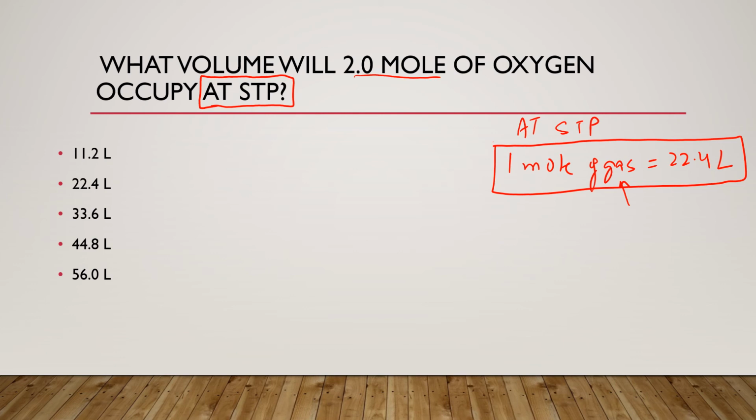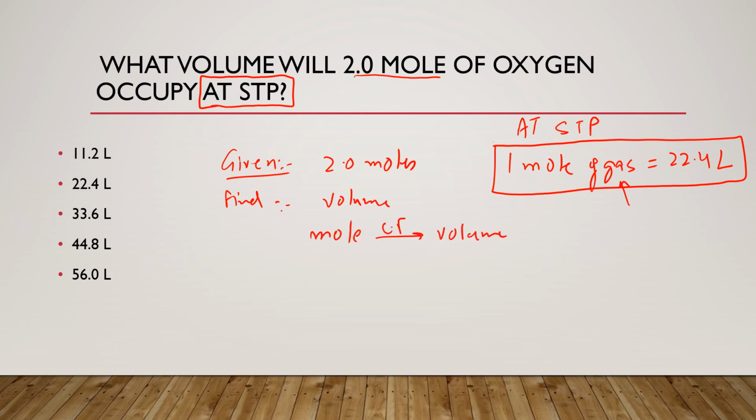So let's see what is given to us. The number of moles given to us is 2.0 moles, and we want to find volume. So it means we need to go from moles to volume, and we need a conversion factor, and that conversion factor will come from this equation.